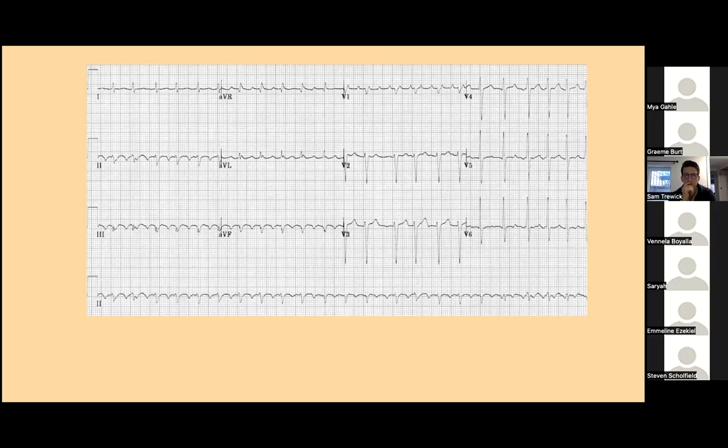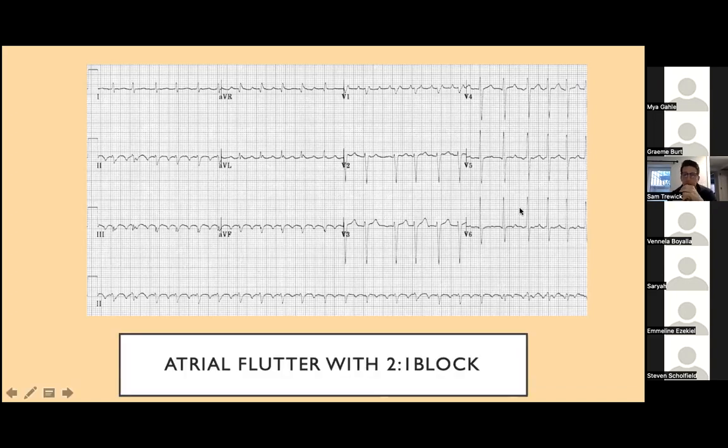But your inferiors look like it's atrial flutter with a 2-to-1, but I would think this is atrial tachy. You were right. It is flutter actually. It's a flutter with a 2-to-1 block, and the inferior leads, you're right, look a bit more like it, and it's not atrial tachycardia because there are some non-conducted P waves.